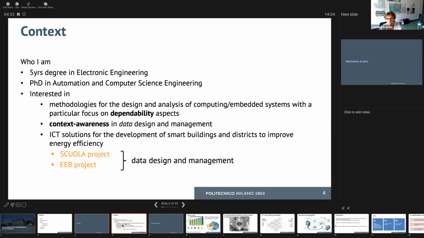With respect to this topic of interest, and so the use of ICT solutions in this context, two are the projects that have been completed in the past years, where my competence is actually focused on, as I said, data design and management. And a few other experiences have been carried out, not necessarily under the umbrella of a project.